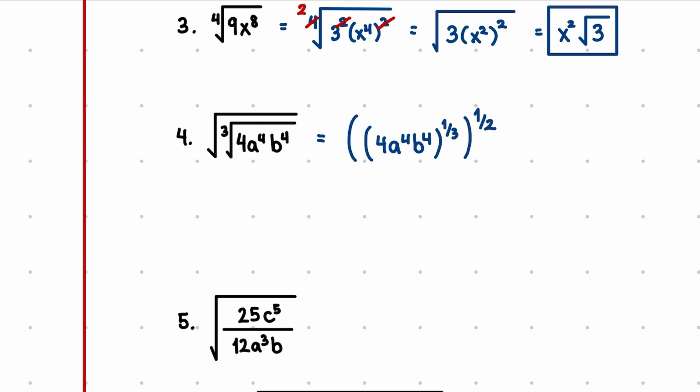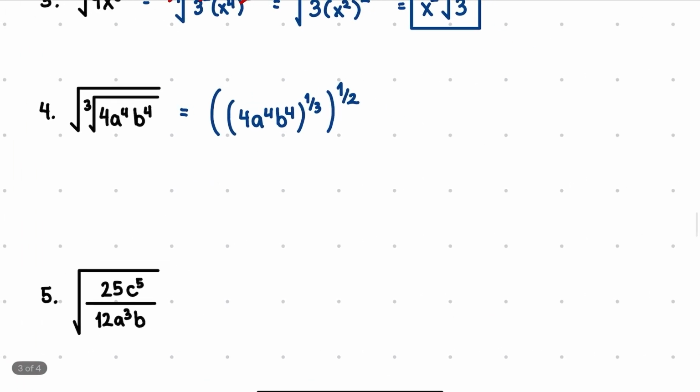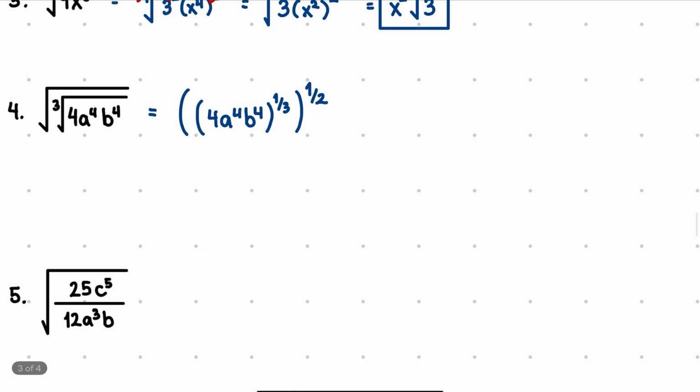And again, by laws of exponents, we know that we can switch this one out here. I don't really have much space here, so let's just write it out here: 4a raised to 4, b raised to 4, raised to 1/2, and then the cube outside.